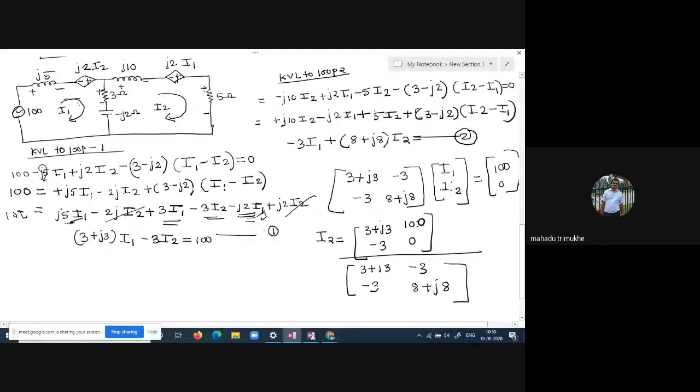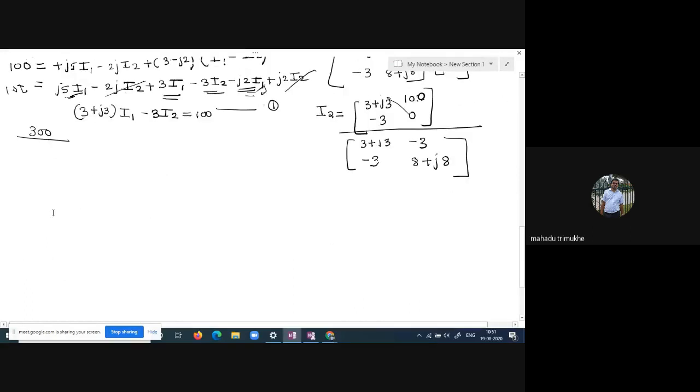Just a bit. Here and here you will get 0. Then 100 minus 3 multiplied by minus 3, you'll get minus 300. That minus minus will get plus after solving the determinant, right? Means here 300 divided by, okay, 300 divided by what?